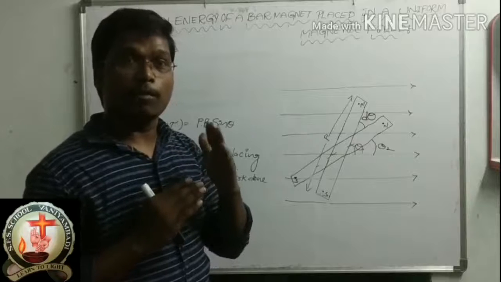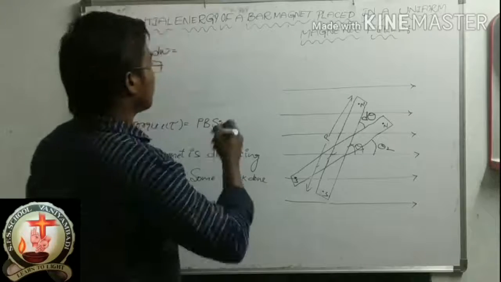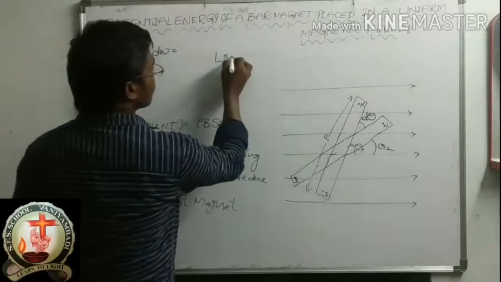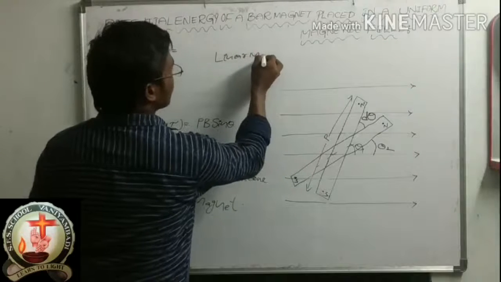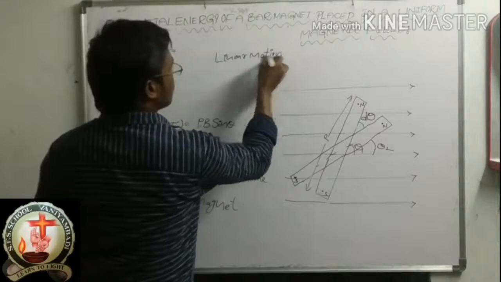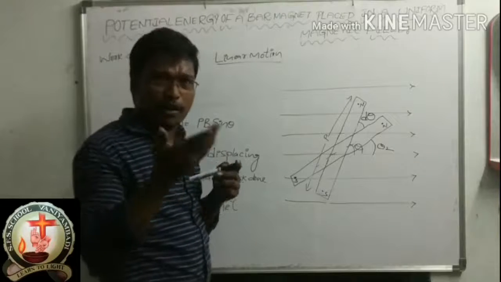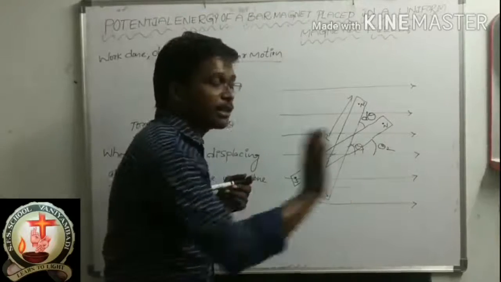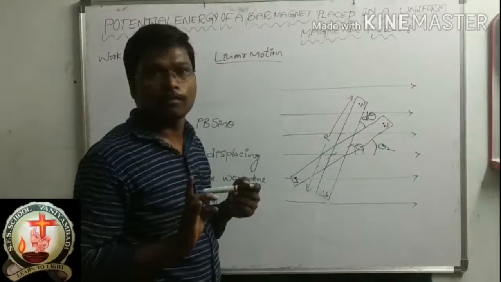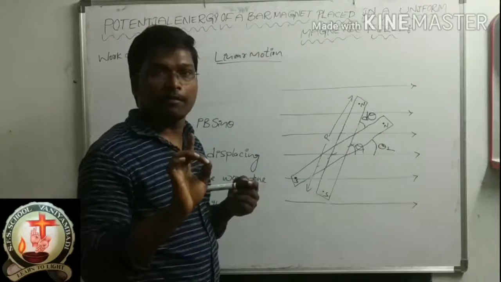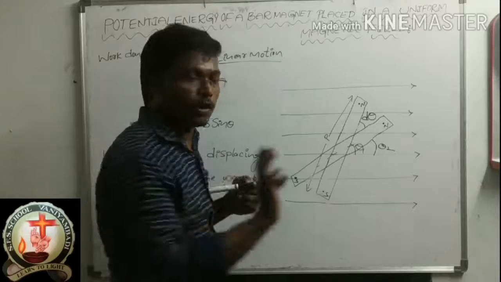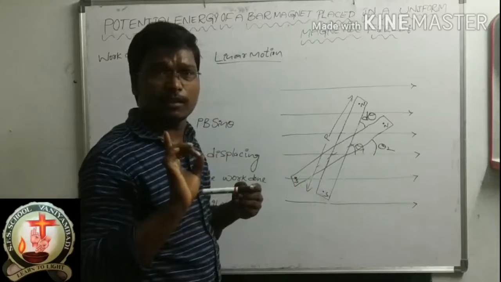What is linear motion? If an object is moving in only one direction, that is linear motion.